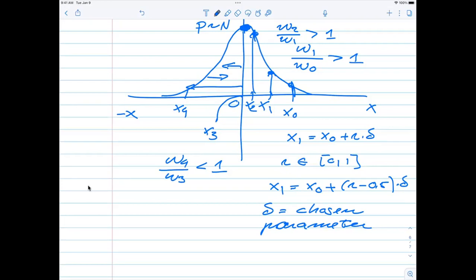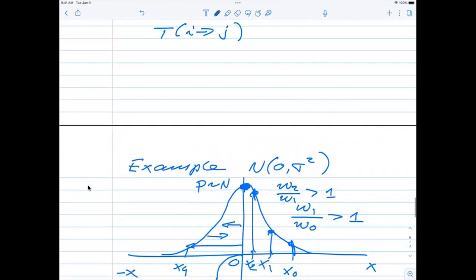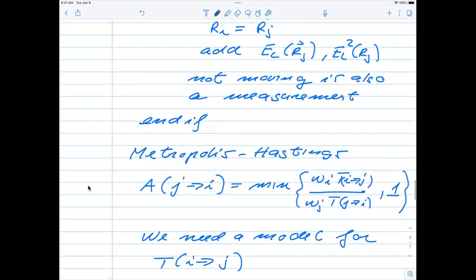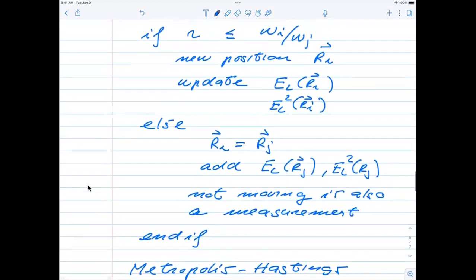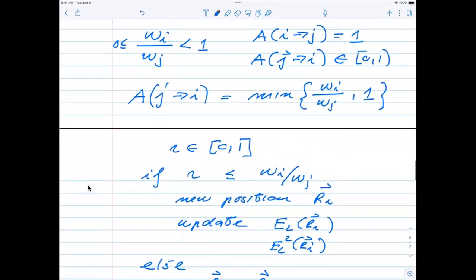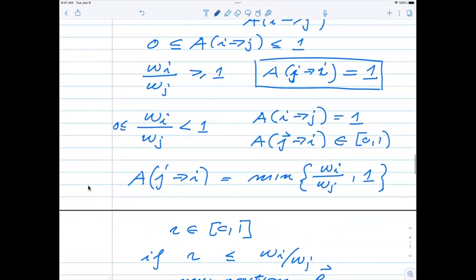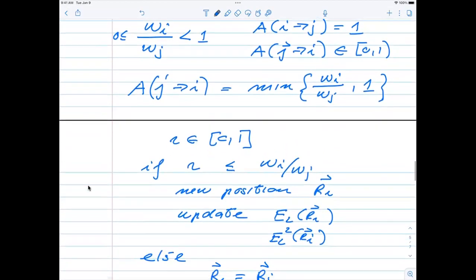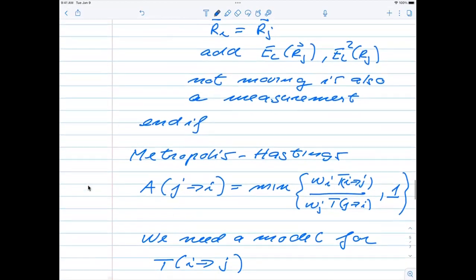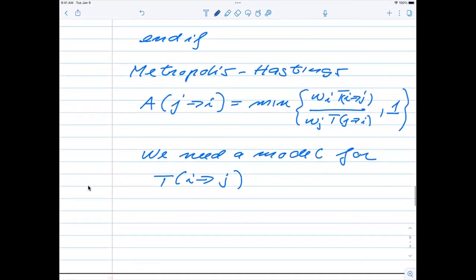So I just wanted to remind you of some of the basics of the Metropolis algorithm, which we went through last time in this pre-recorded video, just to remind you of the motivation for what is coming now. So this algorithm, which we have looked at now, where we assume that the transition probabilities are reversible, means that when we look at the ratios here, the ratio between these two just gives 1.